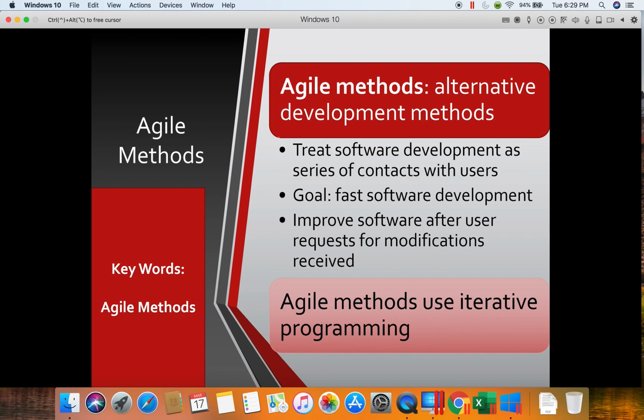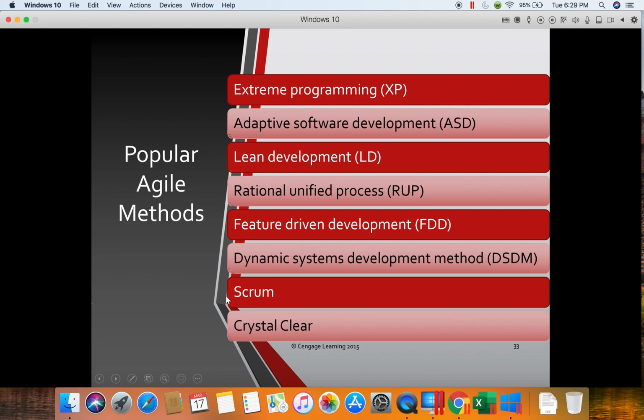They make changes, and then they can bring those back and say, okay, here's what we have now, what do you think? And the user uses it for a little while, and then it goes back and forth in this iterative process. These are some examples of the popular Agile methods that we see being used currently.